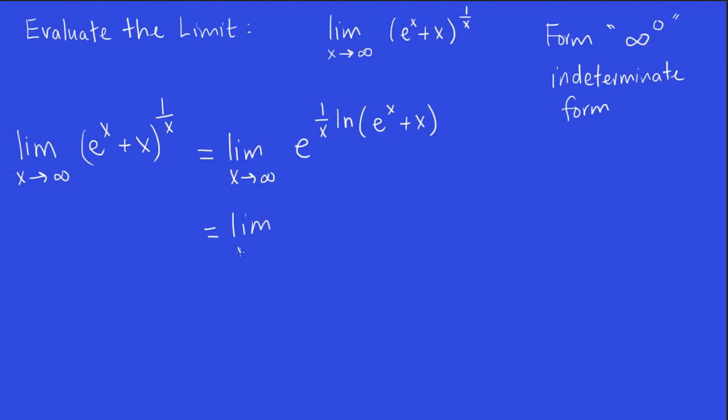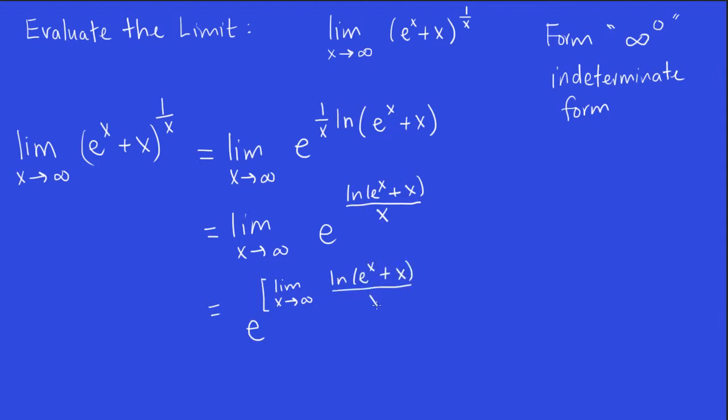Let me rewrite this a little differently. We can write ln of e to the x plus x, all over x. And now I can bring the limit up into the exponent, right? So I have the limit as x goes to infinity of ln of e to the x plus x, all over x.